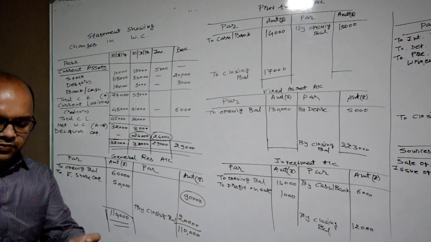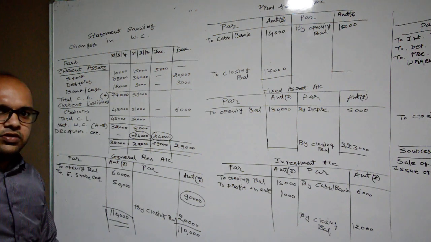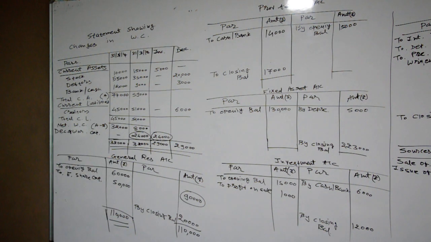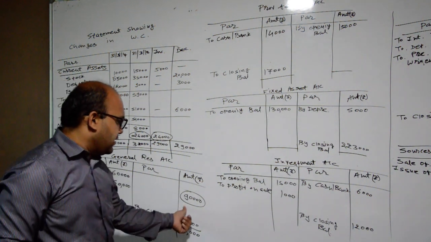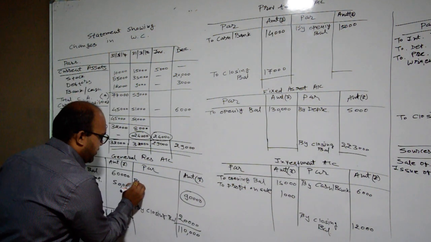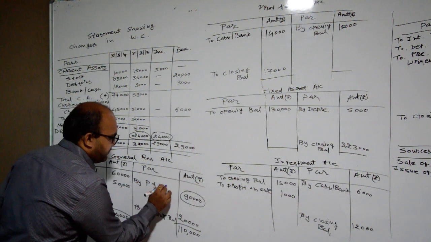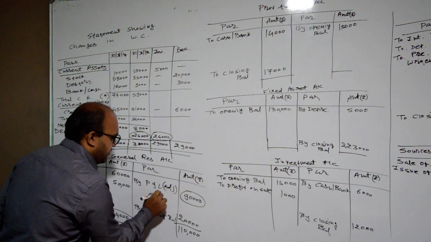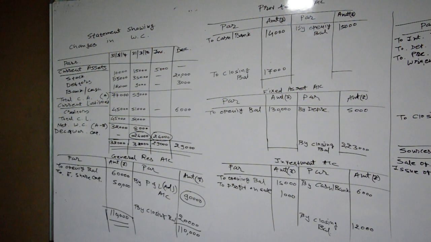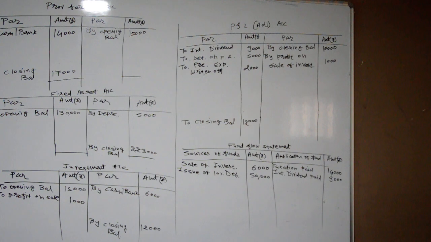So what will be the journal entry? We are getting provision from P&L adjustment account. So the journal entry will be P&L adjustment account debit to general reserve account, means here we have to write it down, P&L adjustment account rupees 90,000, and its second effect will be given on debit side of P&L adjustment account.